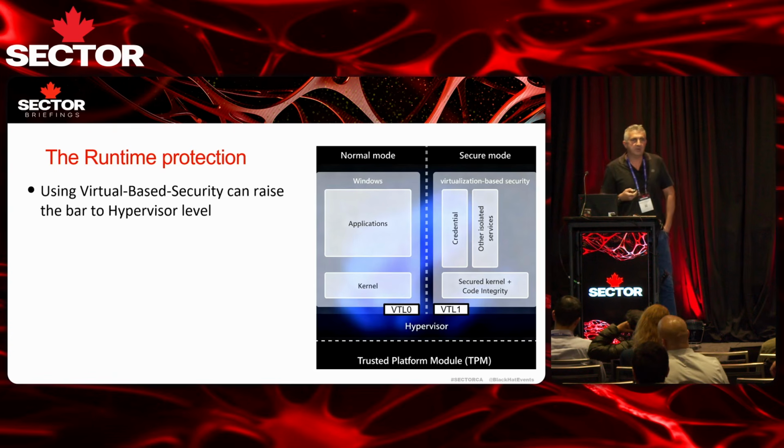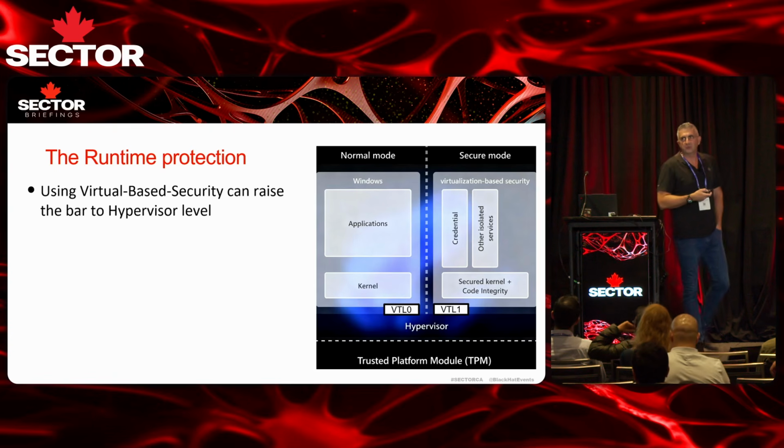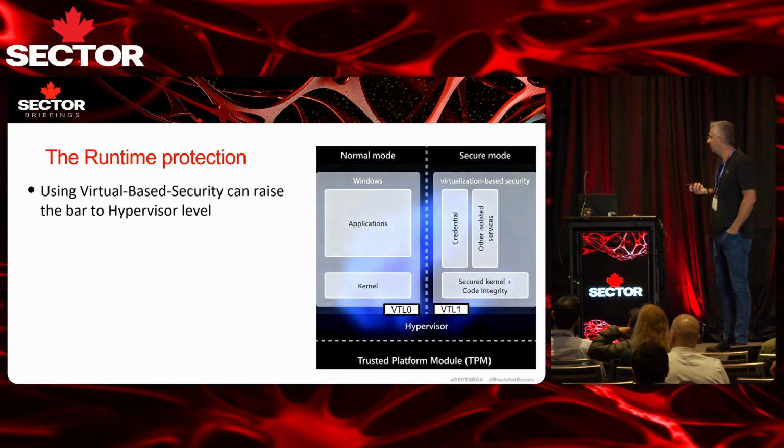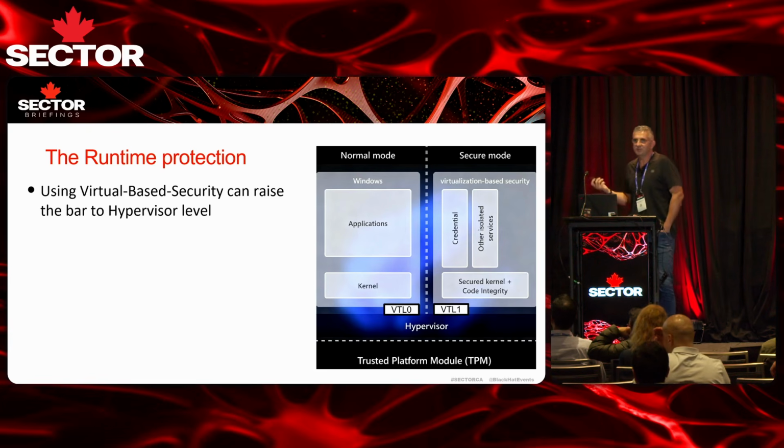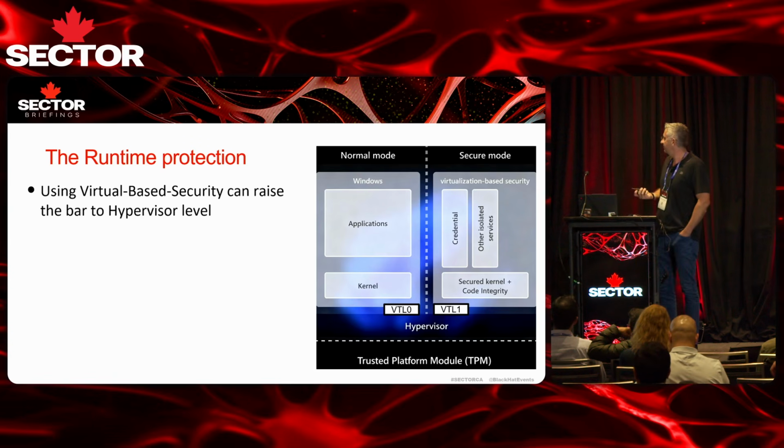And by the way, VBS supports up to 16 VTLs. And the idea is that higher-level VTLs are protected from the lower-level VTLs.